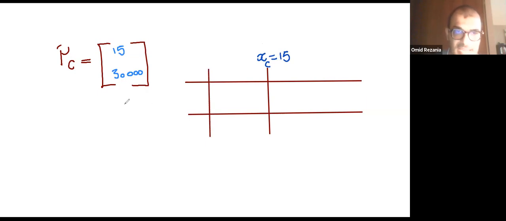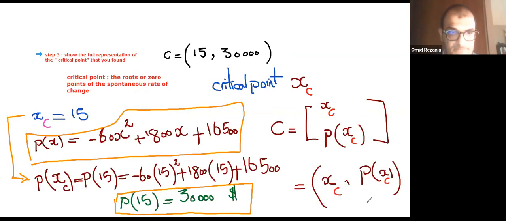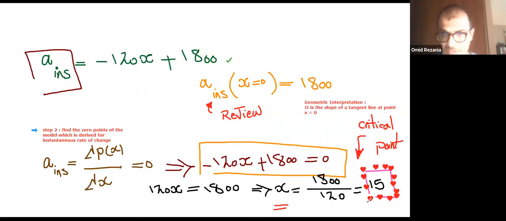What was my instantaneous rate of change equation, the one which we derived? I think it was minus 120x plus 1800.